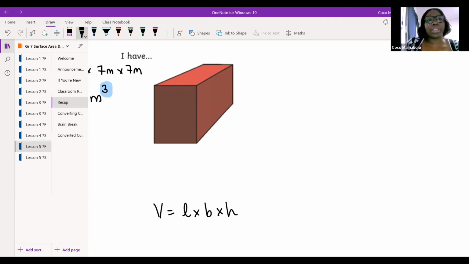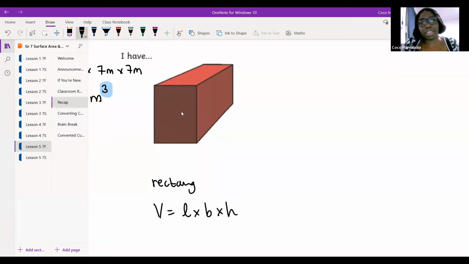Now, guys, what kind of shape do I have here? You can remind me. Oh, it's not just a rectangle. Good, it's a rectangular prism.